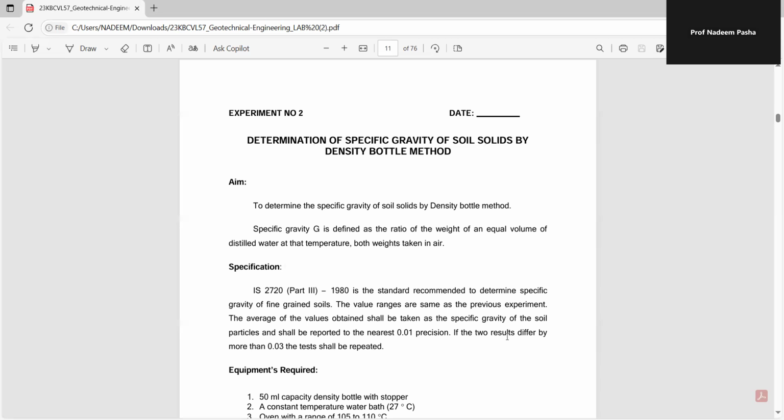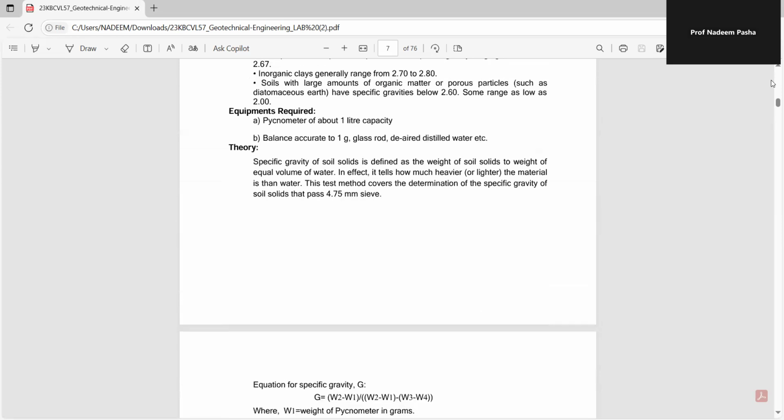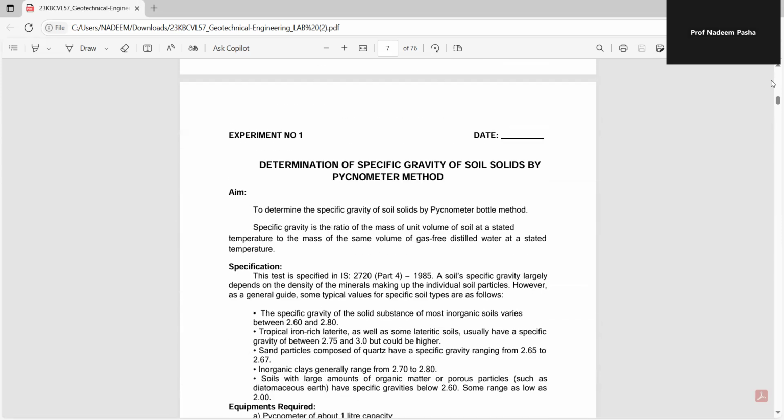So the specification IS code is different. IS 2720 part 3, 1980 is used here, whereas in the previous experiment IS 2720 part 4, 1985 was used. But the specific gravity ranges remain the same.